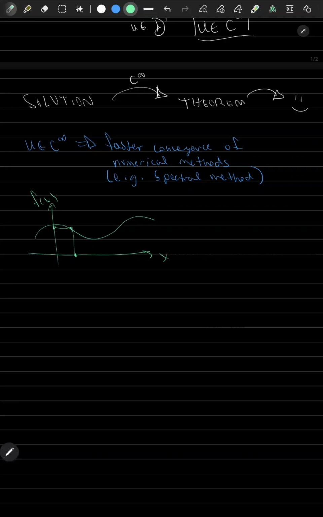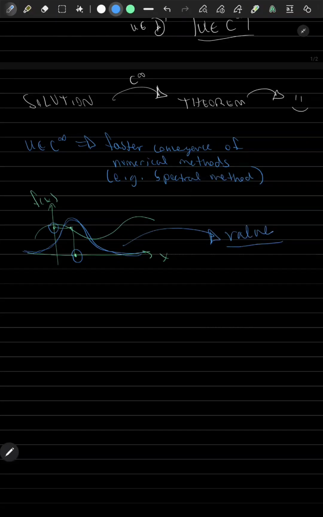So a distribution generalizes this concept by making this a little blurry. What I mean by that is, instead of associating to each point in the domain a point in the codomain, we associate to each function, which we call a test function, let's say a function something like this, a value.